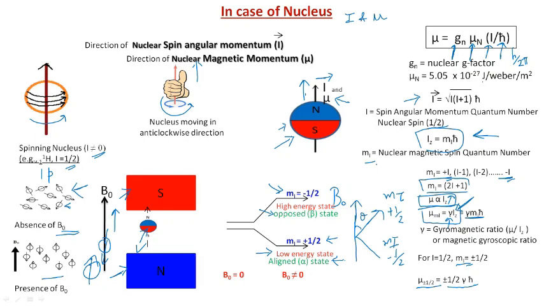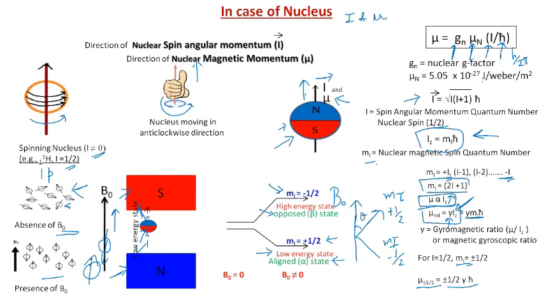However, the north pole of the magnetic dipole is towards the south pole of the applied magnetic field. Since these two opposite poles attract, this state is a low energy state.